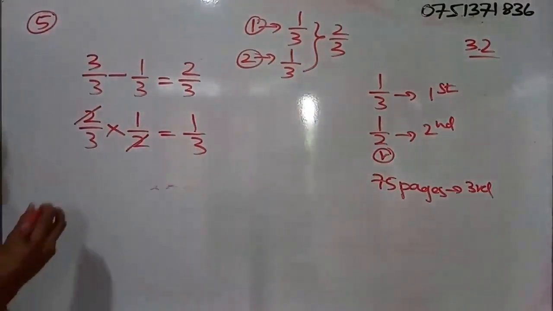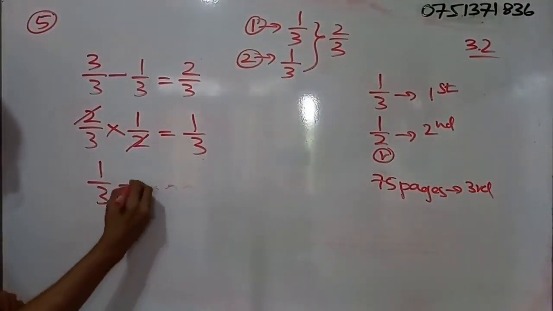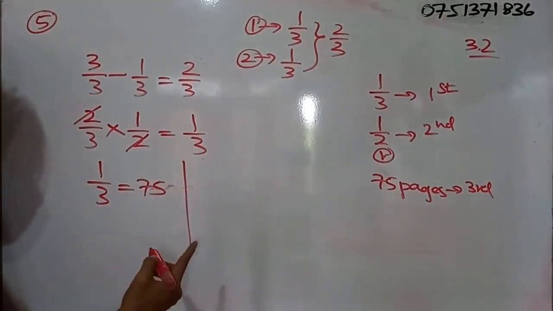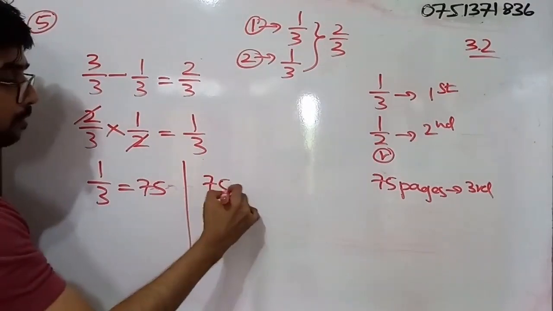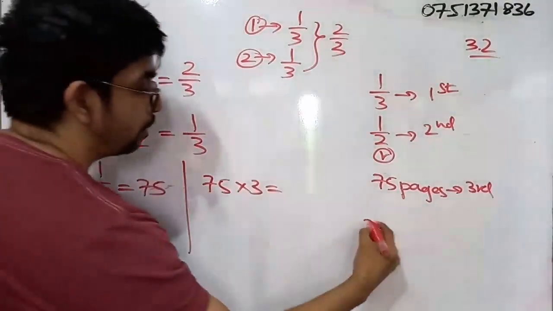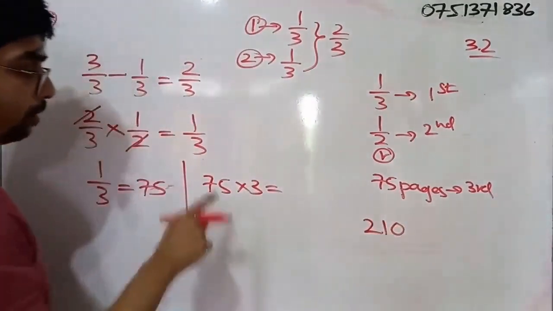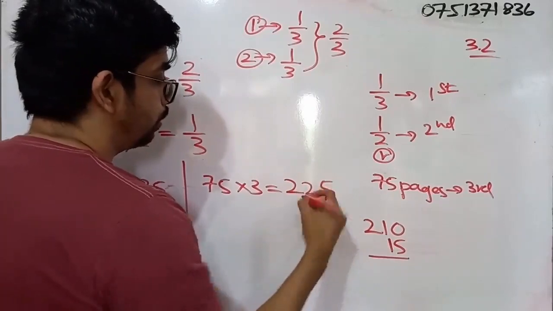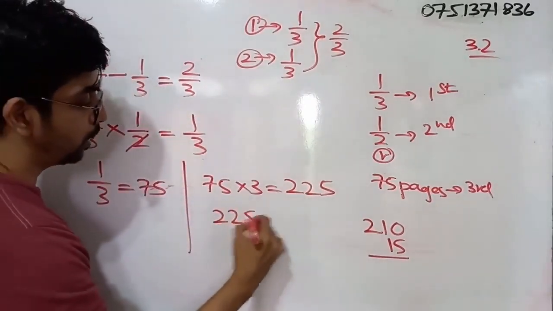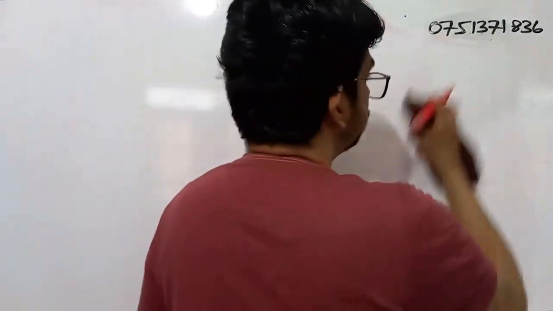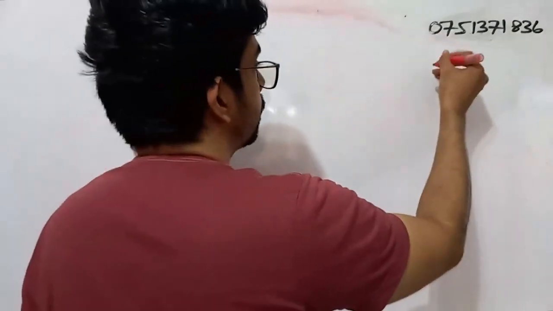That means what? 1/3 is equal to 75 pages. What is the number of pages? 75, we have to multiply that by 3. 70 times 3, we get 210. 5 times 3, 15. When we add these together, we get 225. So 225 pages.